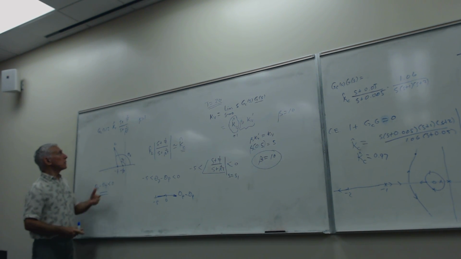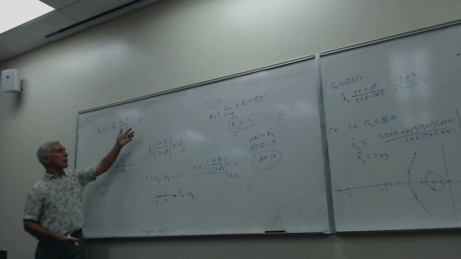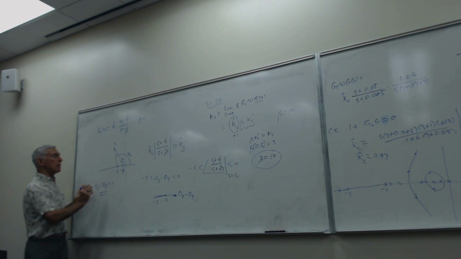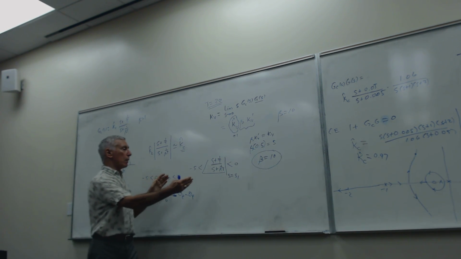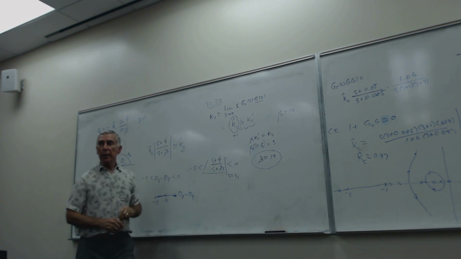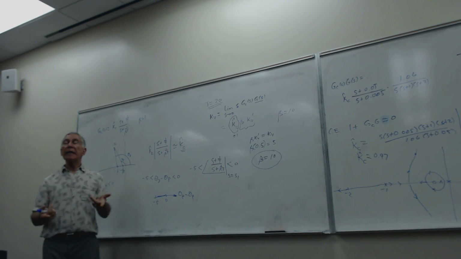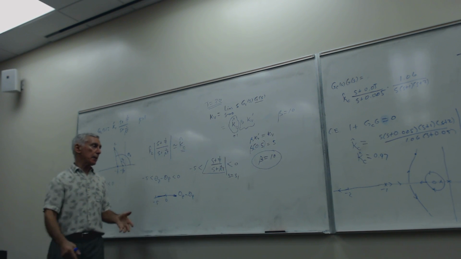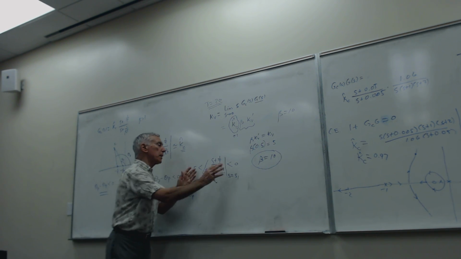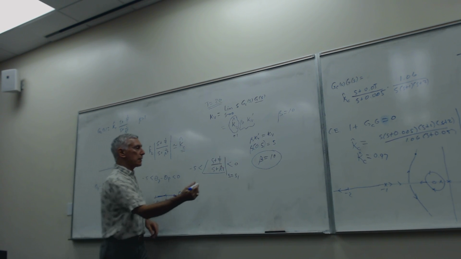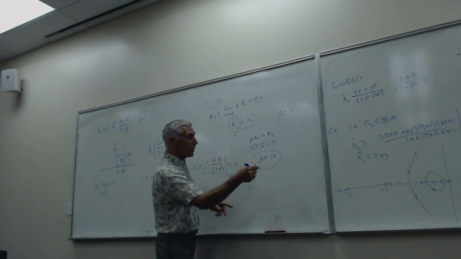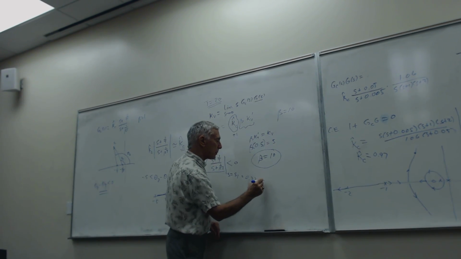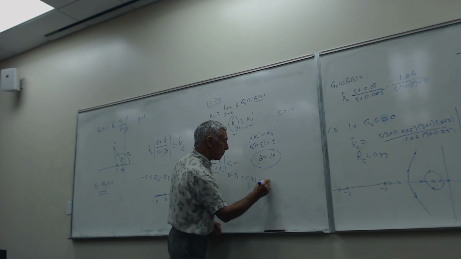We chose T rather arbitrarily, but the author chose it as 20, but we have to maintain a rather small negative phase contribution from the lag compensator, and it has to be in this range here. This s1 here is that same -0.33 plus or minus j0.58.